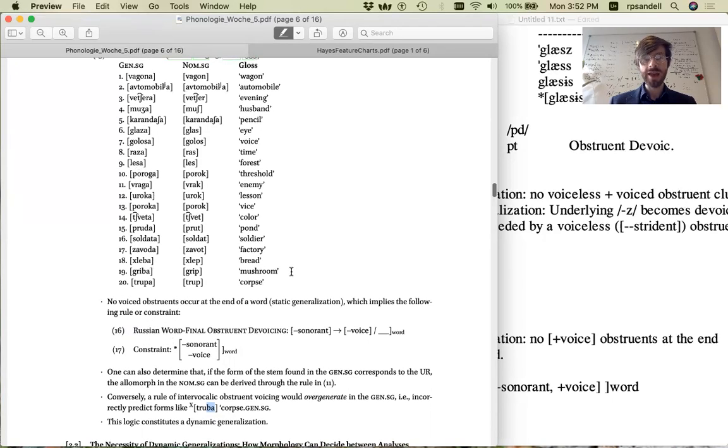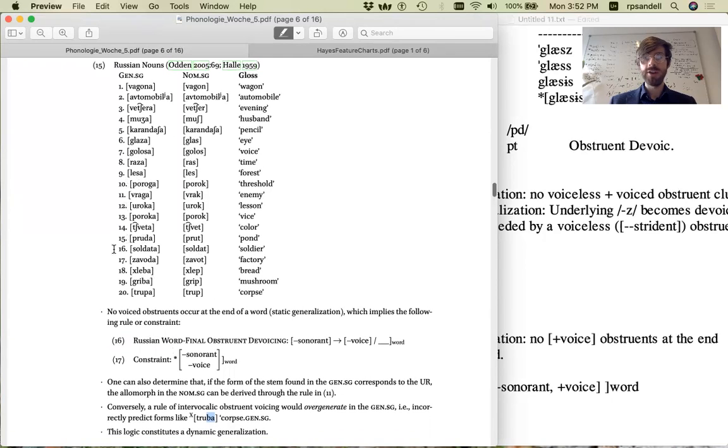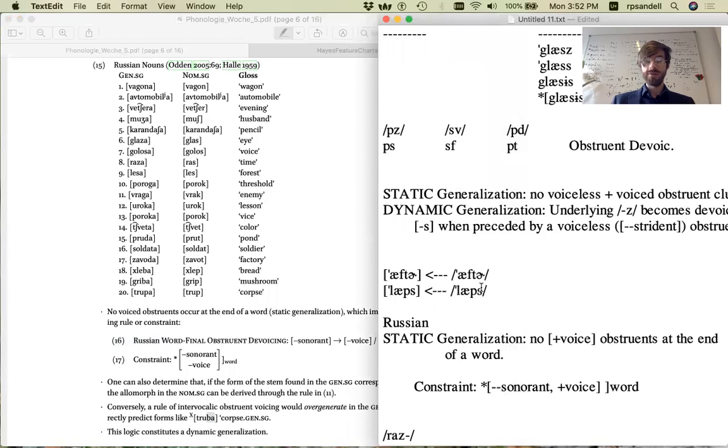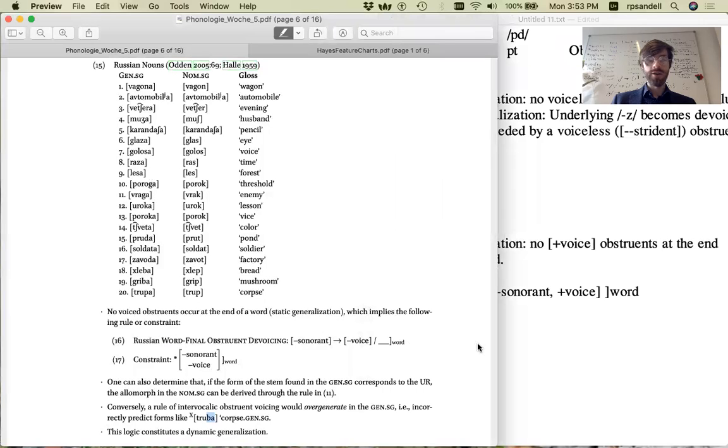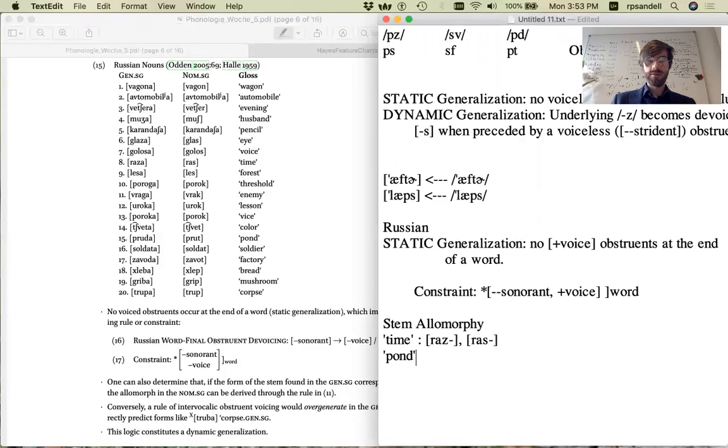Okay, so that is using the logic of the pattern of alternations between the allomorphs of the stem. Here in the Russian case, we have what we would call stem allomorphy, because let's say, for instance, the word for time has the allomorphs raz in the genitive, but ras in the nominative. The word for pond, as we mentioned, has the allomorph prud in the genitive, but prut in the nominative.